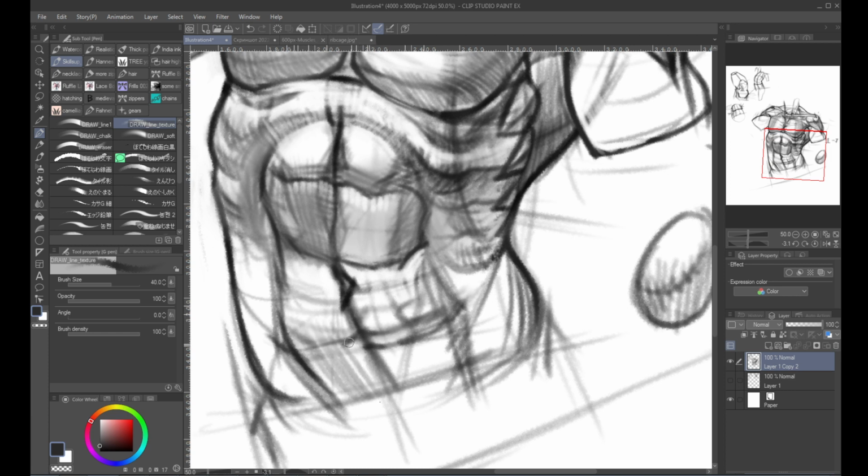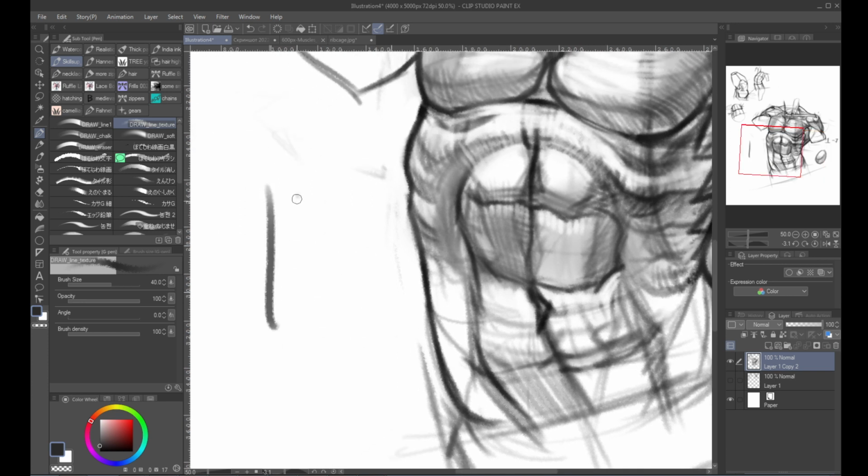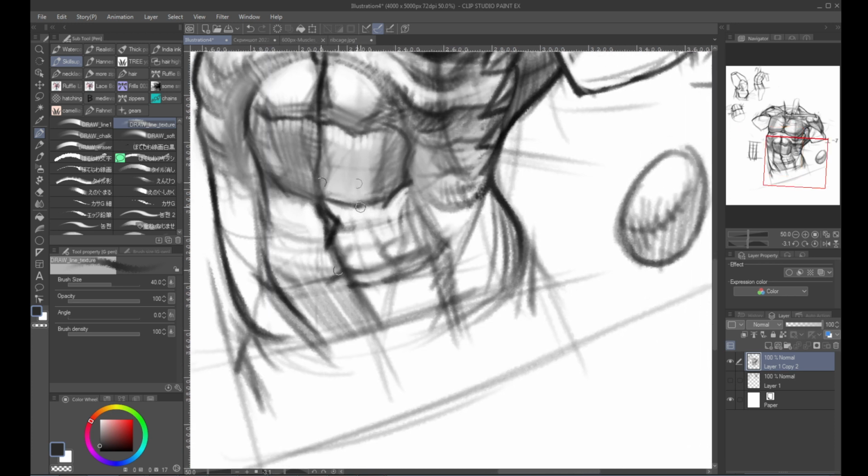Because it's mostly just like the abs, just two long muscles divided by these tendon structures. So, of course, that means when the muscle is well defined, it creates separate volumes in the form of the six-pack.